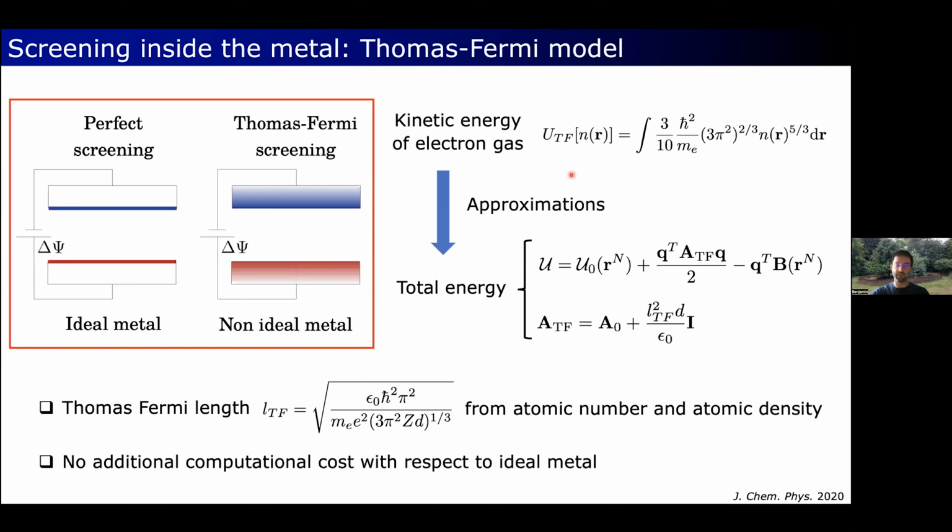You make some approximations and end up with a total energy which has exactly the same form as before. The only change is that the A0 matrix now has an additional term on the diagonal, which involves the Thomas Fermi screening length and the atomic density. So you can use exactly the same machinery as before, at no additional computational cost with respect to the ideal metal.